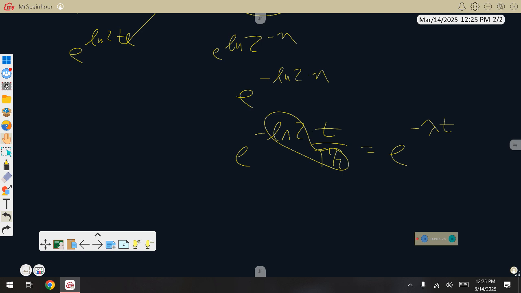What can I do so that natural log of 2, which is a weird thing to have as a constant, isn't here? If this was 1 instead, then, as I said yesterday, and now I'm remembering why it was there, lambda would just be 1 over t to the 1/2. It would literally be the inverse of whatever the total half-life is.